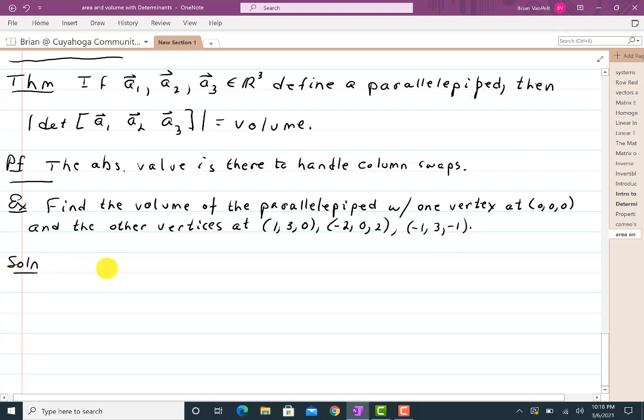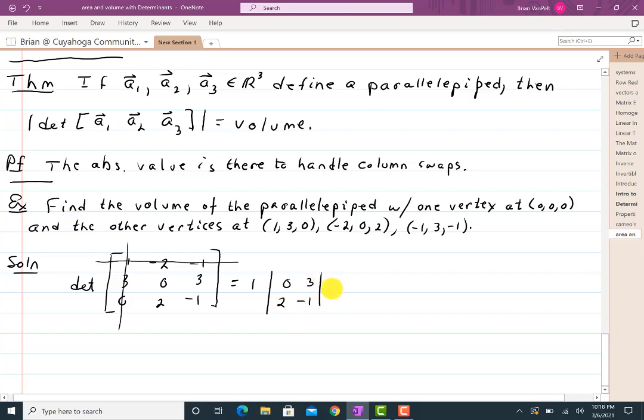There's really not a whole lot to be doing here. Let's find the determinant of the following matrix. Just write these down in vertical fashion. And then when I expand this, I think I'm going to go down along the first column because there is a 0 there. So 1 times, let me cross out the row and the column, and we have 0, 3, 2, negative 1.